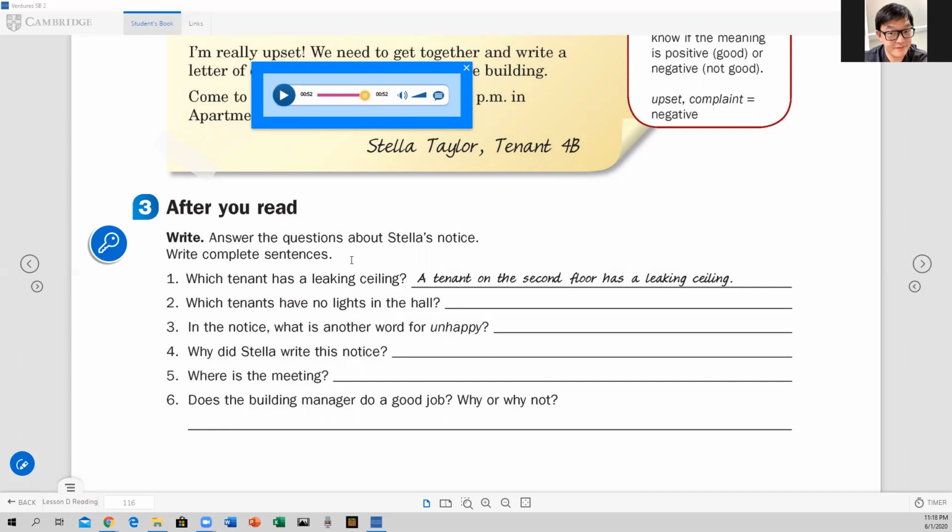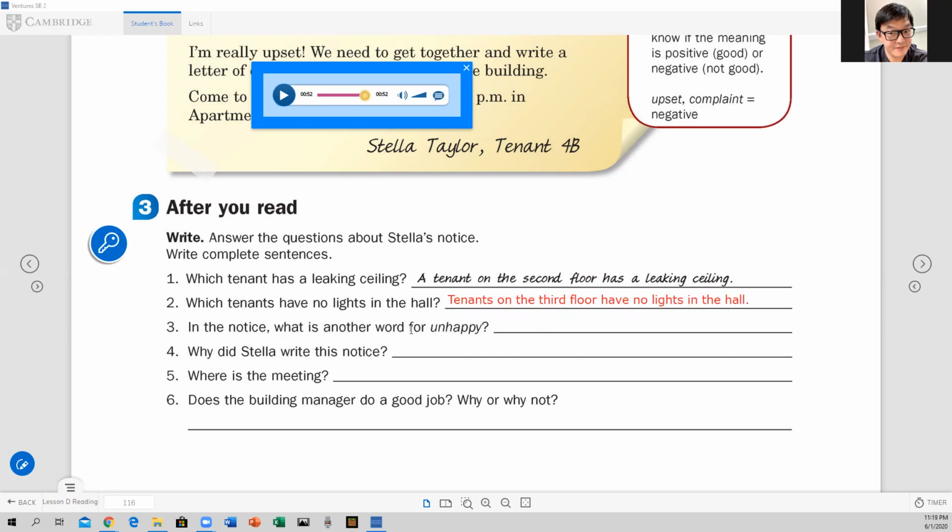So the answer is, tenants on the third floor have no lights in the hall. Okay, good.